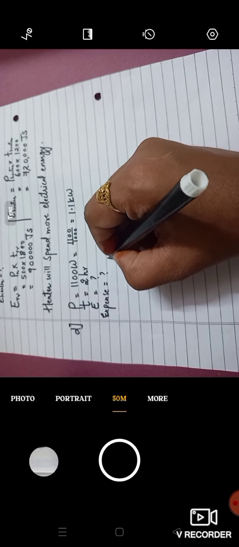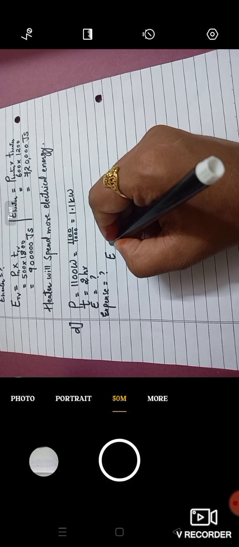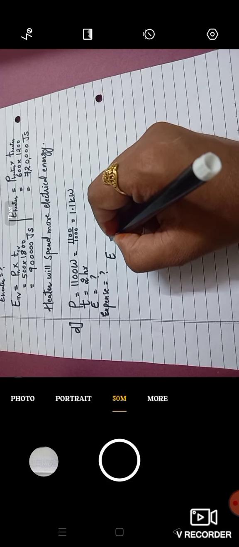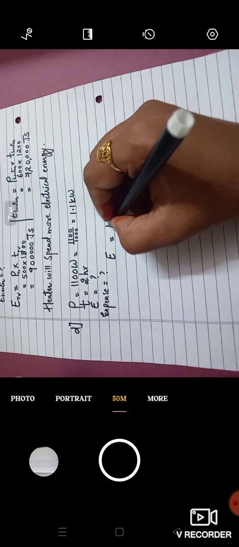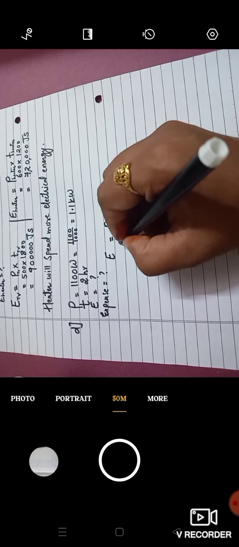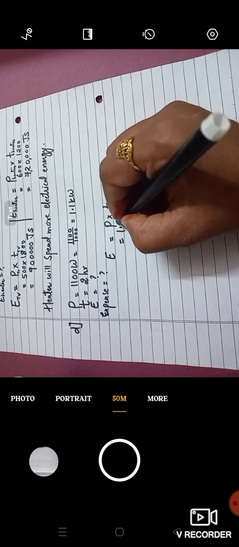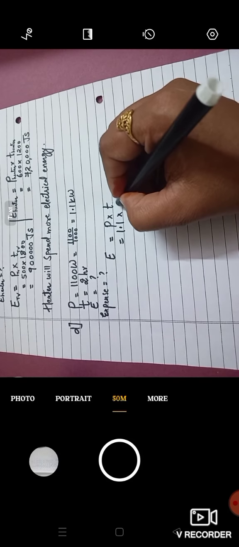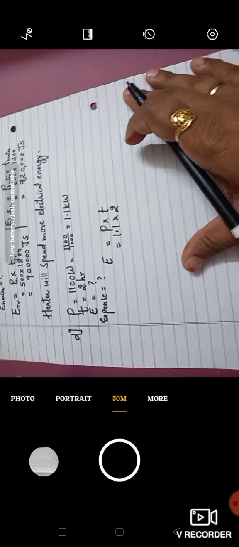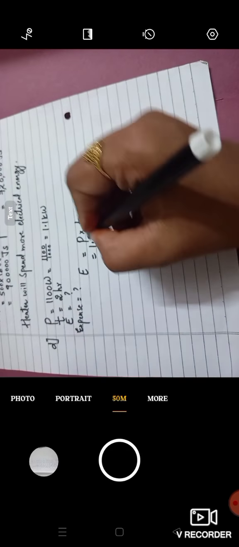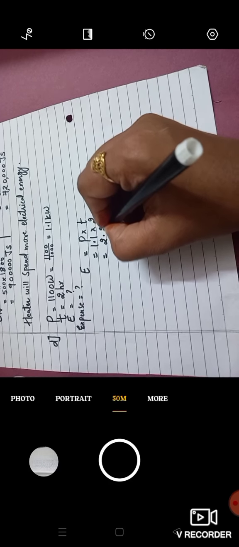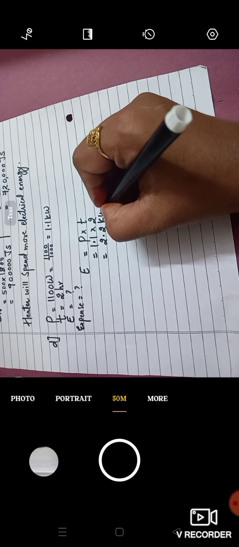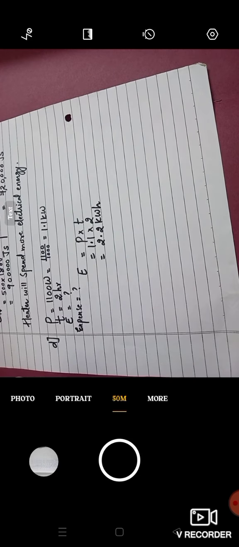Let's first calculate how much electrical energy it is consuming per day. The formula we have already seen: electrical energy is equal to power into time. Power is 1.1 kilowatt into time is 2 hour. So this would be 2.2 kilowatt hour.